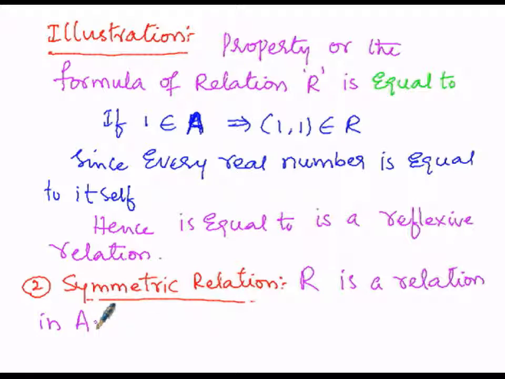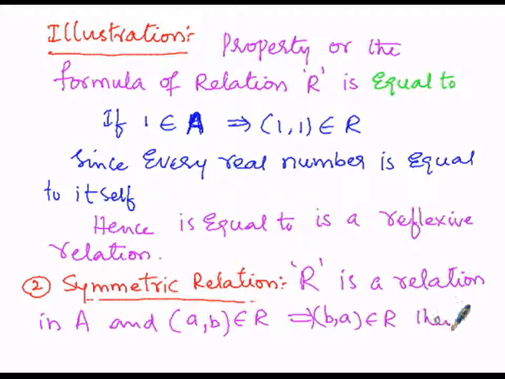So here we have assumed the relation R in set A, and one ordered pair a comma b which belongs to R. Here a and b are elements of this set A. If the ordered pair a comma b belongs to the relation R, then that implies b comma a also must belong to the relation R. Then only is such a relation R said to be a symmetric one.